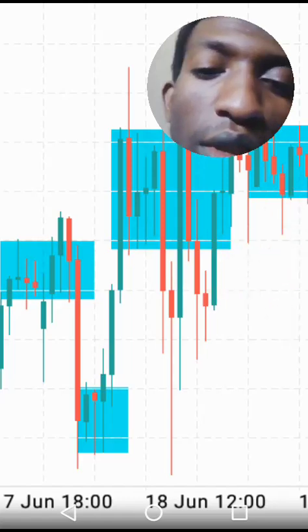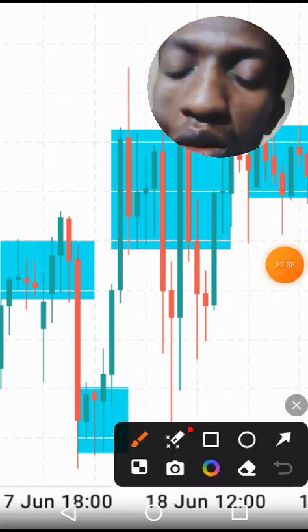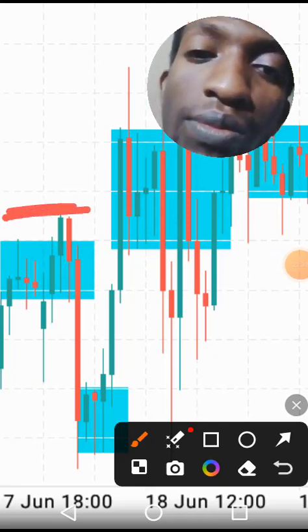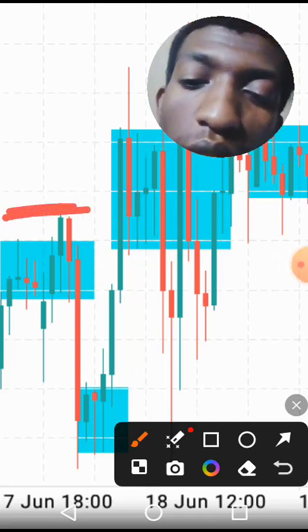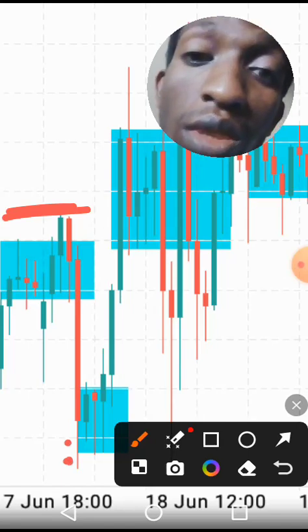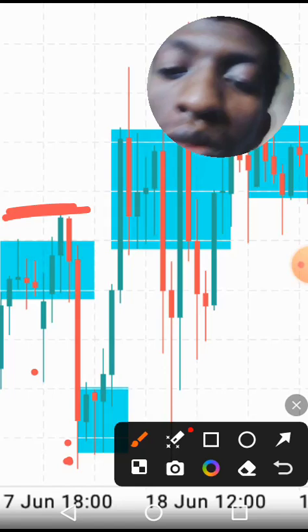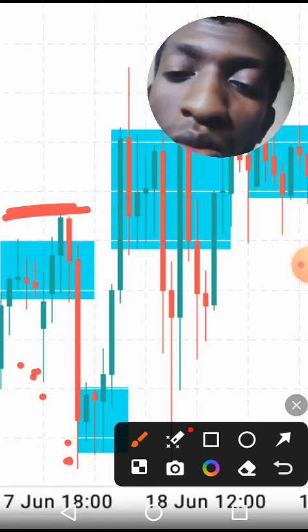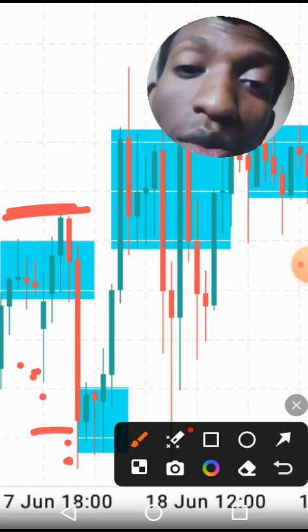Then we found another black box. So the one that you sold up here has now given you more profits down there. Okay. We took partials at the bid. Now we take partial down there too.